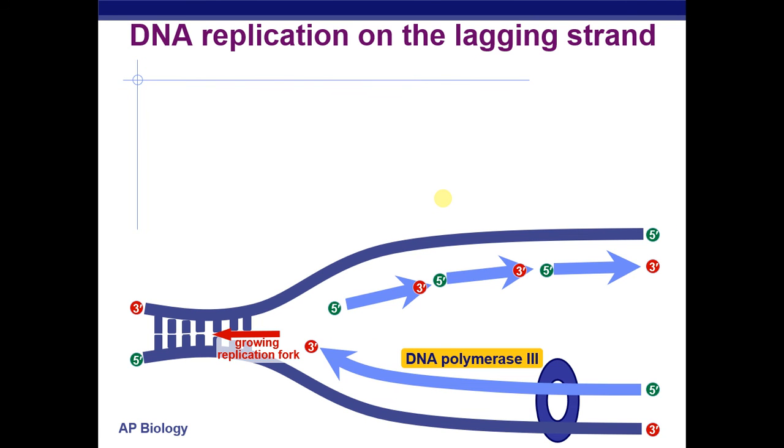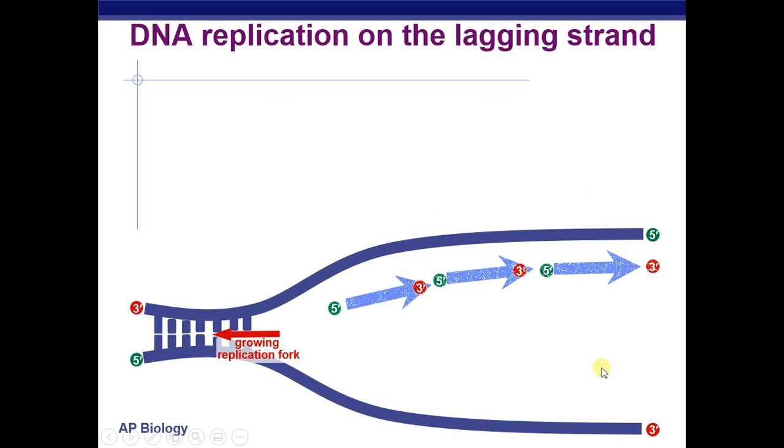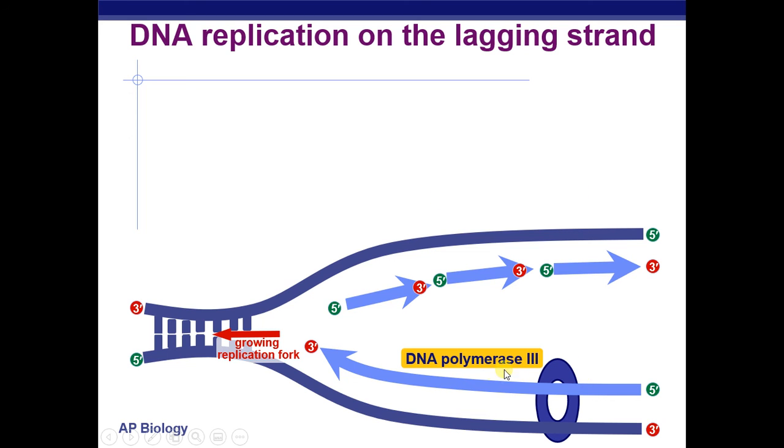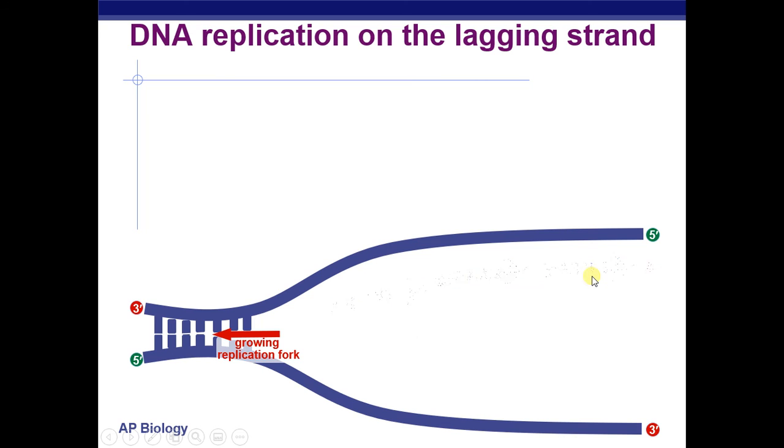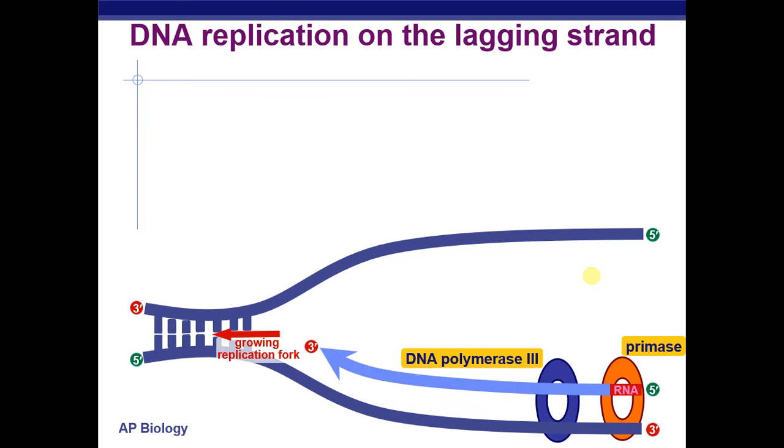So here we have another way to view it. Here was the leading strand on the bottom and the lagging strand on the top. On the leading strand, we've got primase that puts our RNA primer, and then DNA polymerase can continually synthesize new DNA, and eventually DNA polymerase 1 can come back and replace this RNA primer.